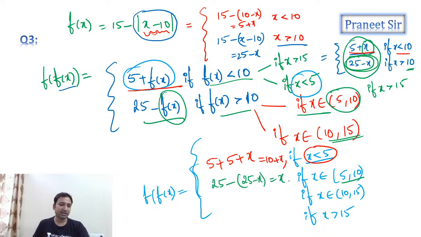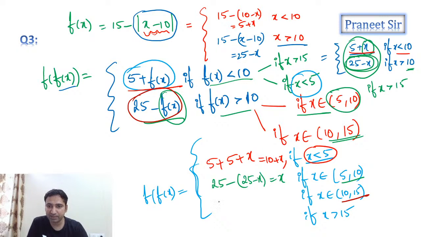Next, third case: when x is lying between 10 to 15, it goes to this particular case. Again 25 minus f of x, and f of x is again 25 minus x, so again we are getting x only.